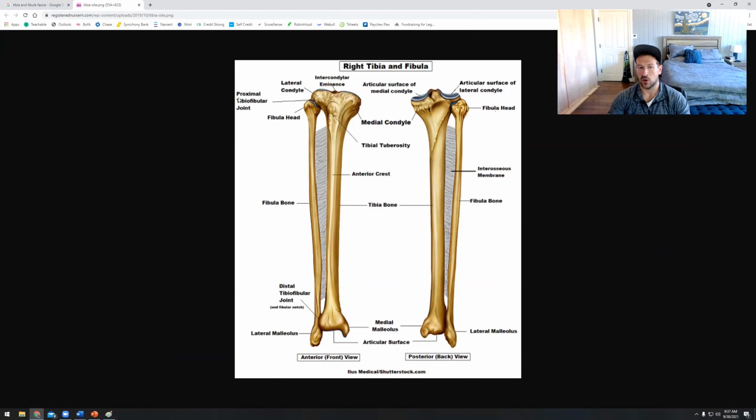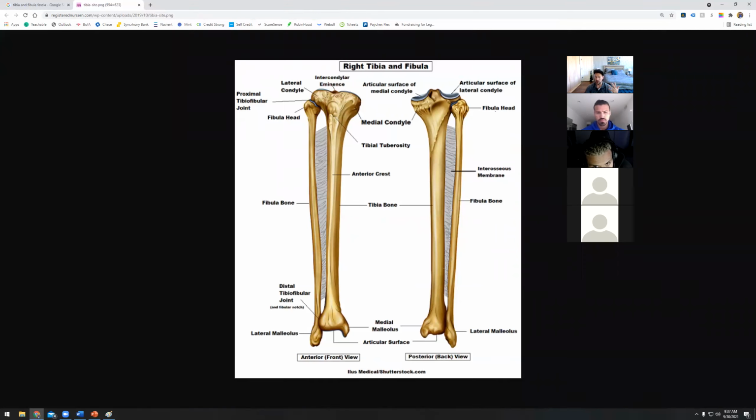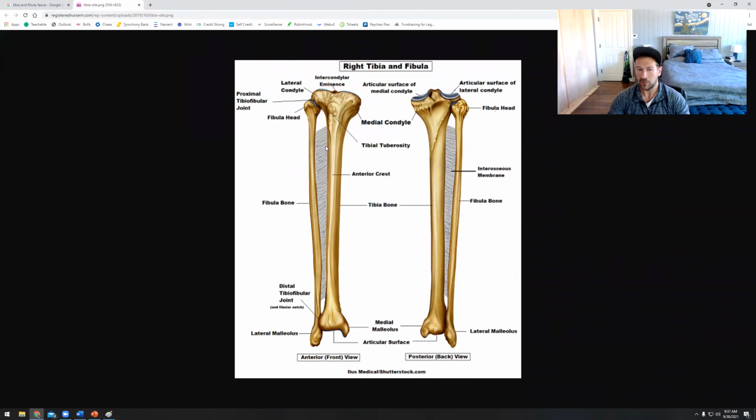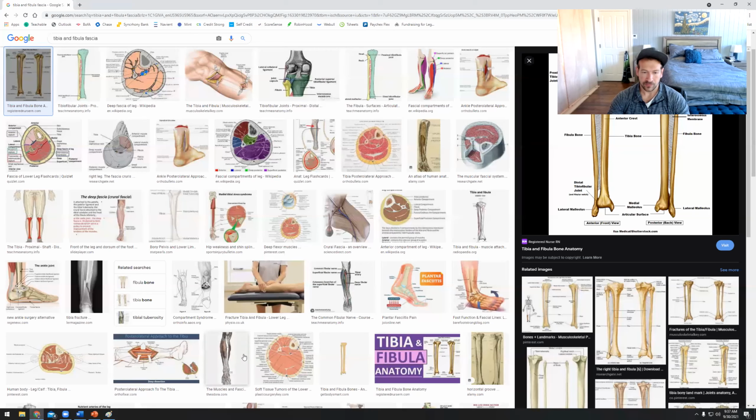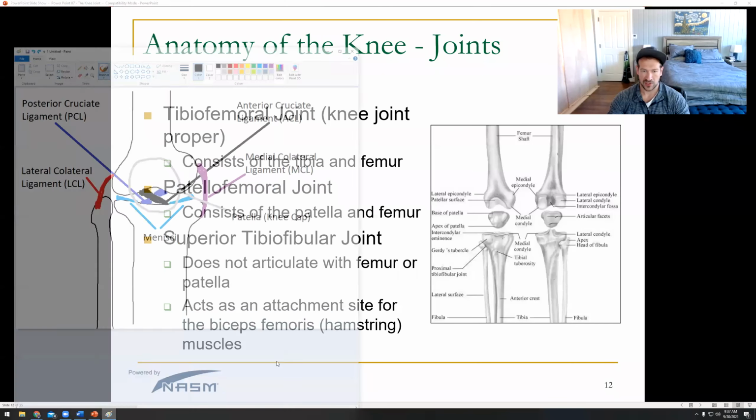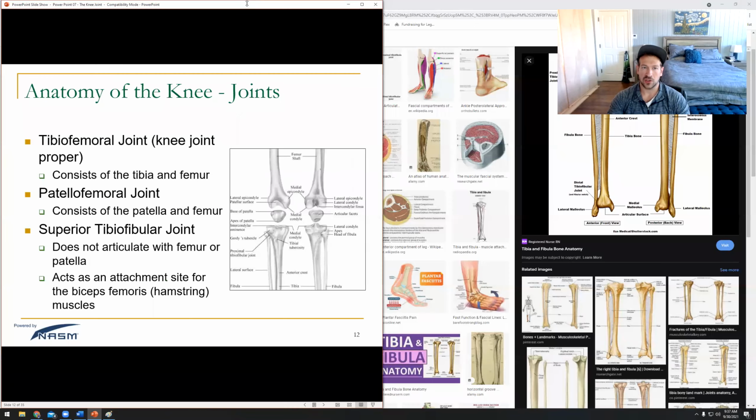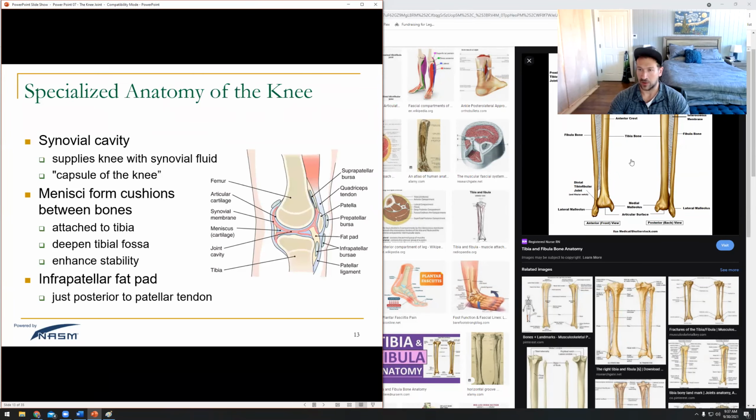So this is your proximal tibiofibular joint, or sometimes you'll hear it referred to as the superior tibiofibular joint. And then there's the inferior or distal tibiofibular joint. So there's technically two of those, and again, there's the fascia in between that holds those two bones together. So those are all the joints in the knee there, right?